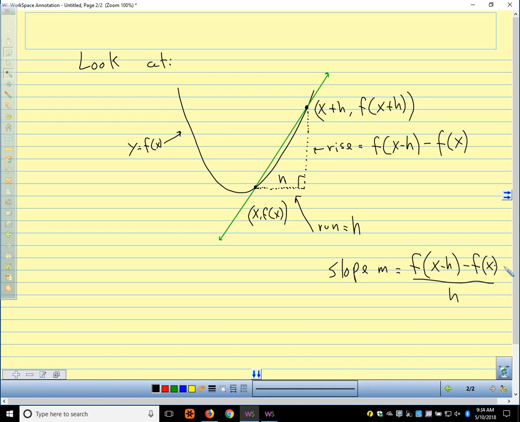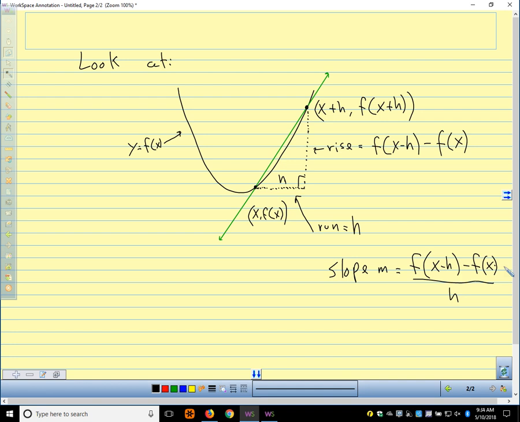Well, all this stuff that we've been talking about for the last few days is about what functions are getting close to as x gets close to something else. So we're talking about a limit. What we want to do is find the limit as this point gets closer and closer to that point. Find the slope as the limit of this quantity as this point gets closer and closer to this point. Well, for this point to get closer and closer to this point, h has to get smaller and smaller and smaller.